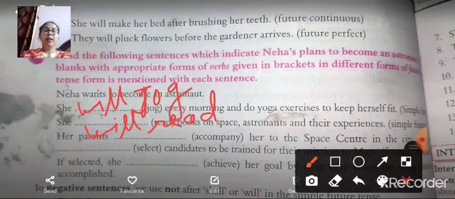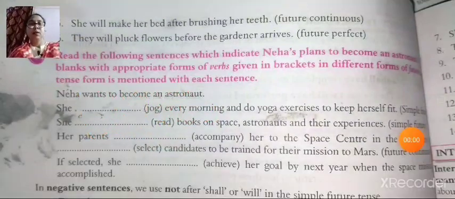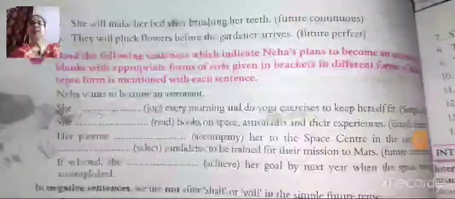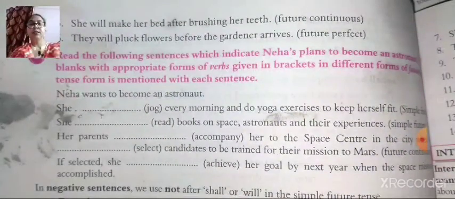Now the next line is her parents accompany her to space center in the city, select candidates to be trained for their mission to Mars, future continuous tense.